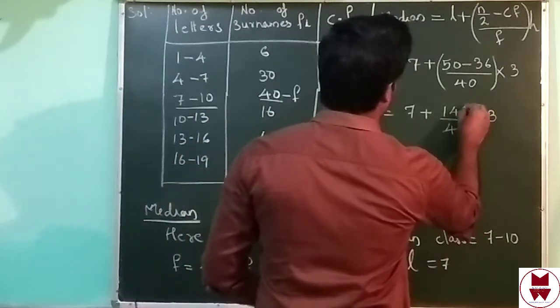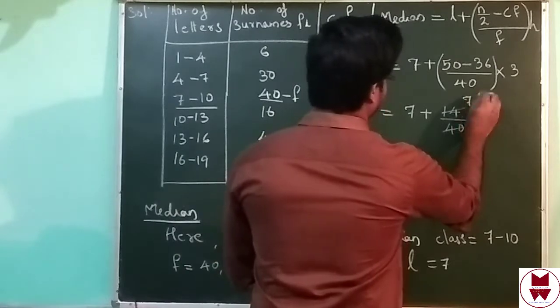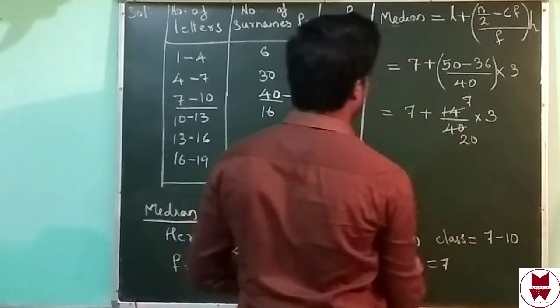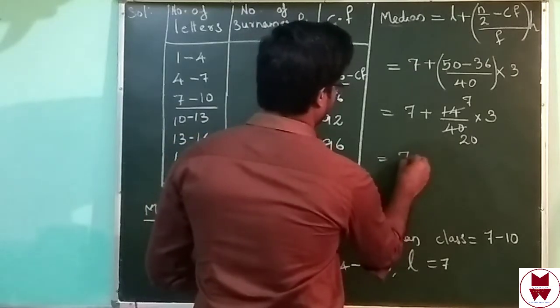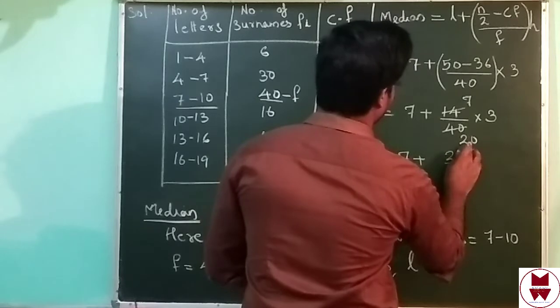Thus 40 and 14 cancel using 2, 7 times, in here 20. 7 plus 7 into 3, 21 divided by 20.